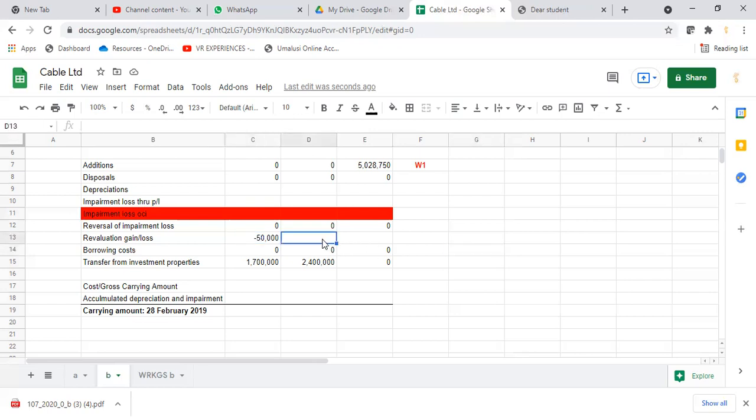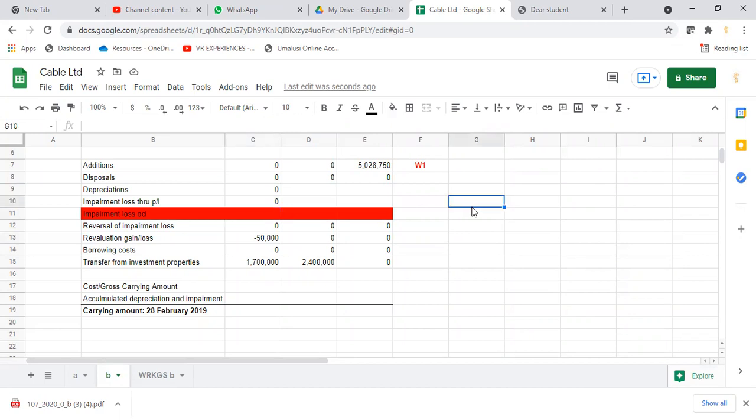So that is land. There's not going to be a revaluation on buildings because we're not using the revaluation model. There's no revaluation on plant because we don't use the revaluation model. So basically all that's left for us is depreciation and impairment. There won't be depreciation on land because we don't depreciate land, and there won't be impairment because we use the revaluation model.